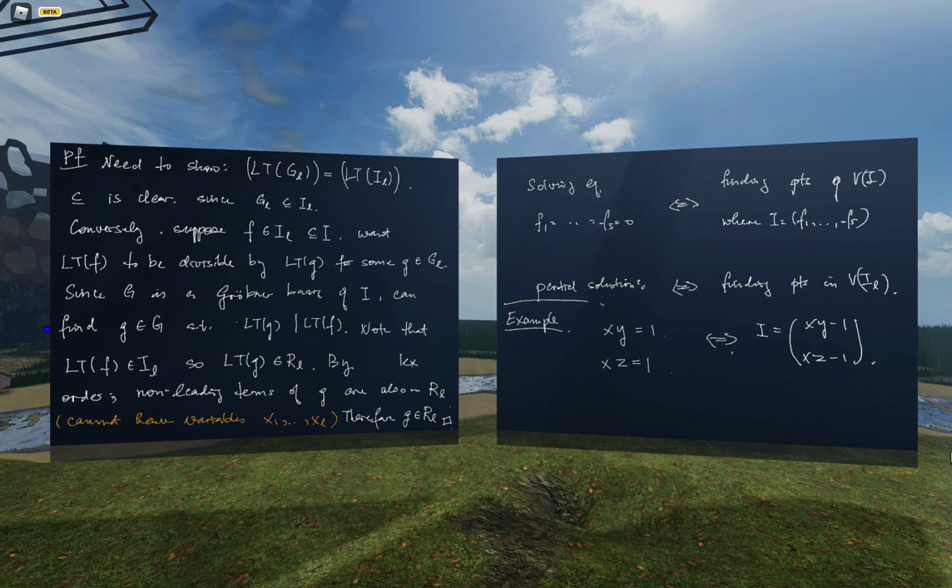I'll let you check this one yourself; it is doable. But I'll just write down what the Gröbner basis is. I'm going to call it g1, g2, just because that's what we've been doing. So g1 = xy - 1, and g2 = y - z. Okay. So in this case, we don't end up going all the way to an equation with a single variable.